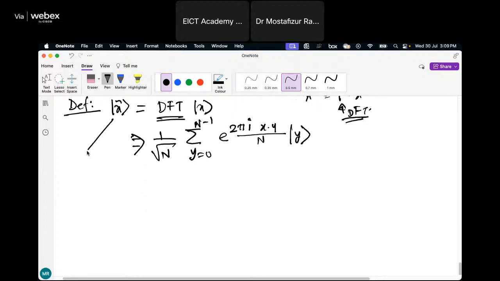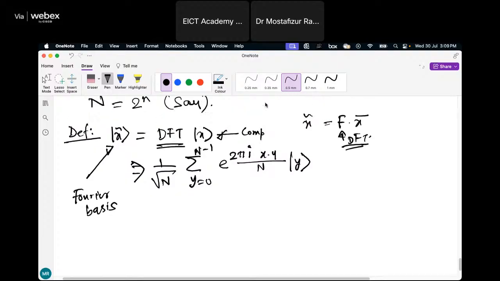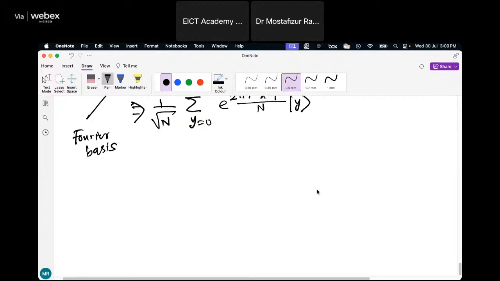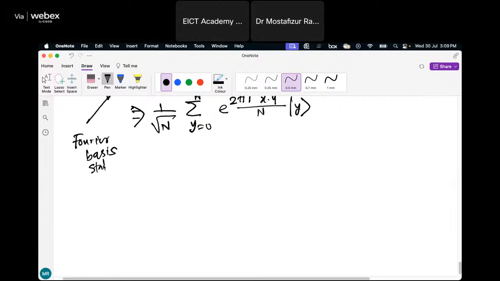Now this is the Fourier basis and this is the computational basis. We have already seen how the computational basis looks, from all 0 to all 1. These are computational basis states, and this is a Fourier basis state.